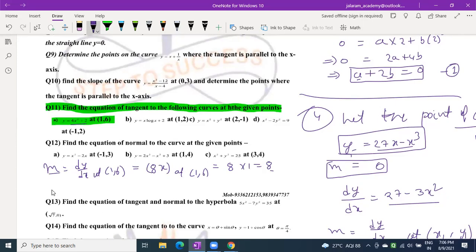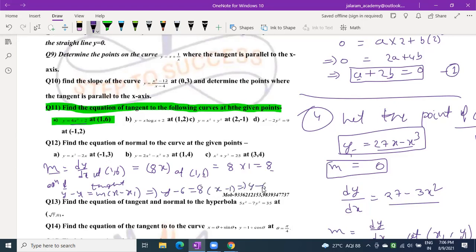The slope is 8. Now find the equation of the tangent. We use the slope point form, that is y minus y1 equals m into x minus x1. It implies y minus y1, which is 6, equals m, which is 8, into x minus 1.